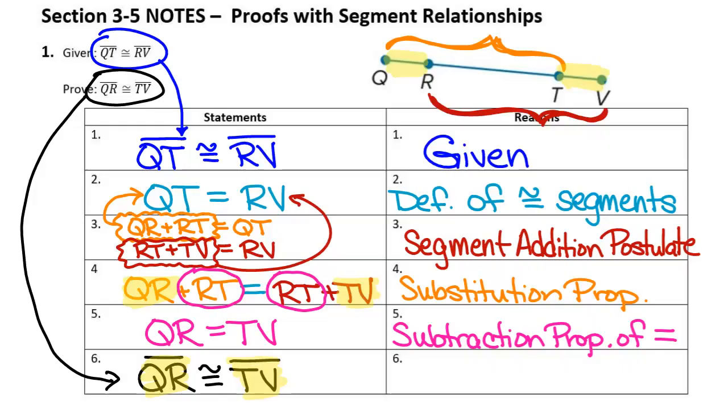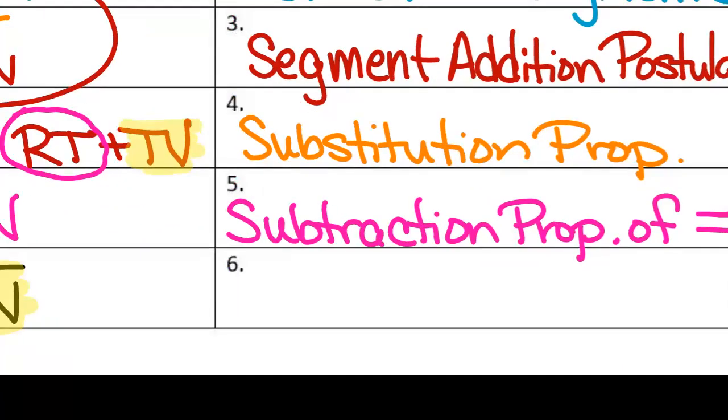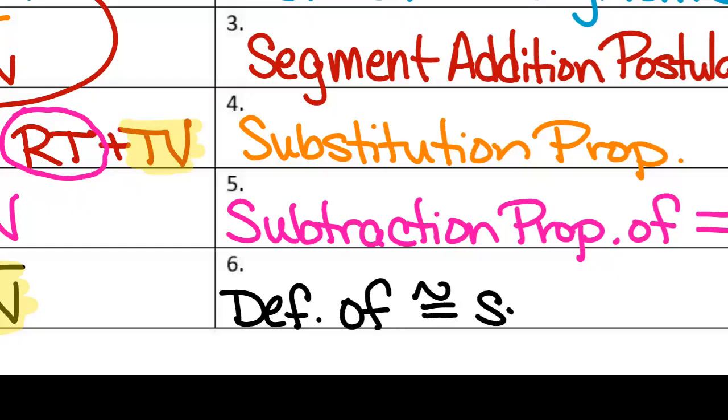It's not my transitive property. Definition of something. Definition of what? Congruent segments. Definition of congruent segments.